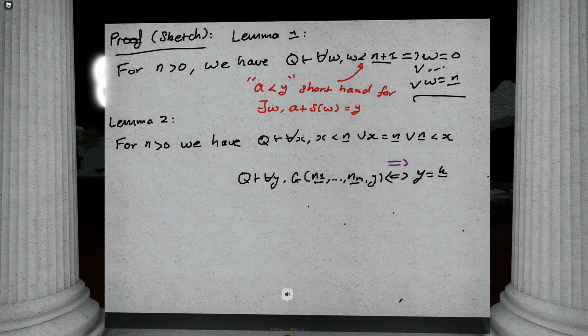That direction's the difficult one because y is some arbitrary variable inside our language, and then I need to somehow deduce that it's equal to this constant, right? So the way that you would do that is you make use of the trichotomy axiom. We know that for all x, it's either that or that or that, and then the goal is to knock out these two possibilities by way of contradiction. So that's the way that we're going to use this lemma.